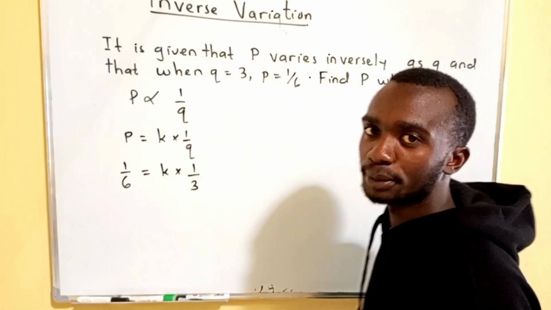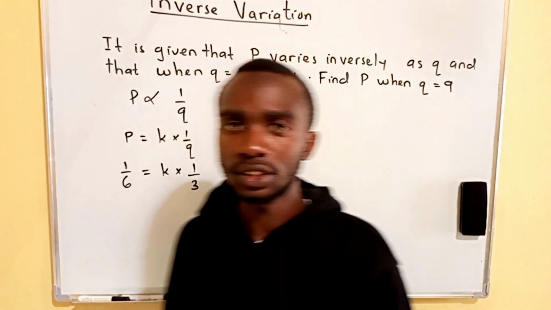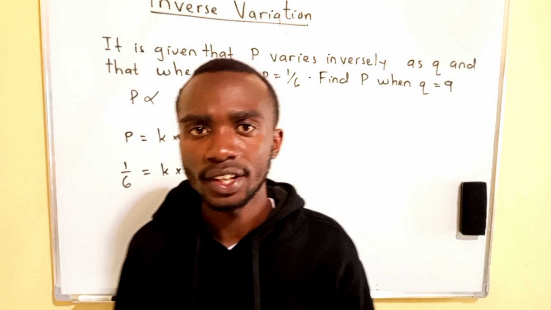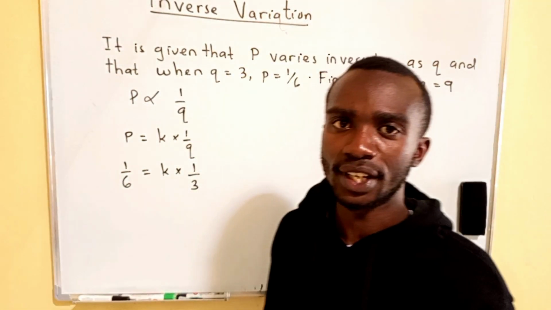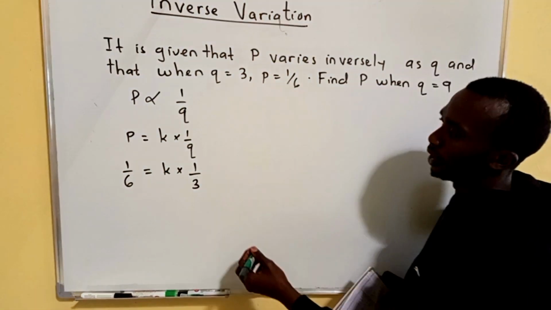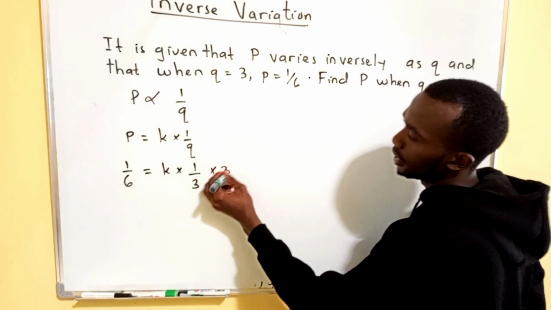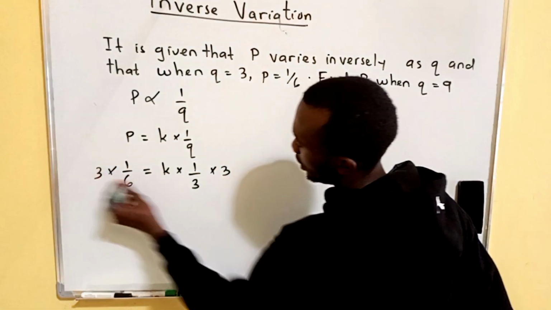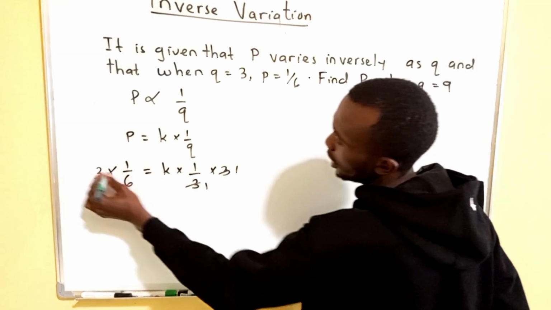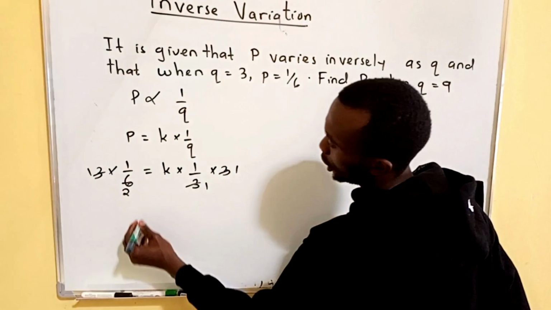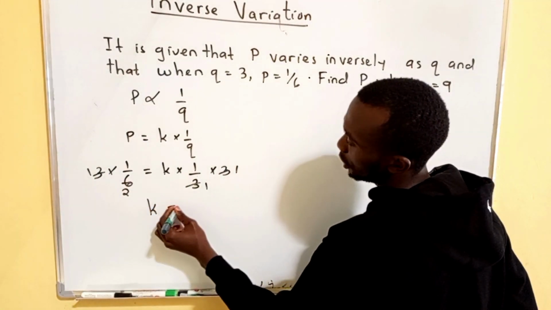Now this helps us to find the constant of proportionality so that we can find the equation connecting the two variables p and q. Now when you multiply both sides by 3, 3 by 3, 1 by 3, 1 by 3, 2. So the constant of proportionality k is equivalent to a half.